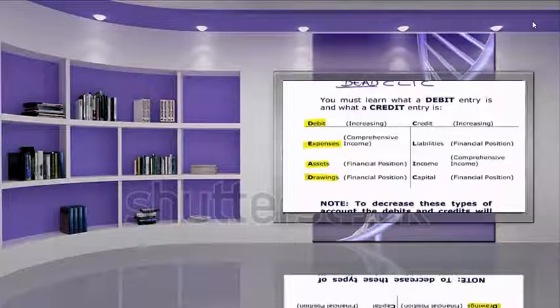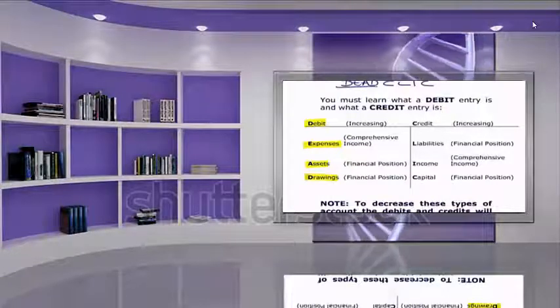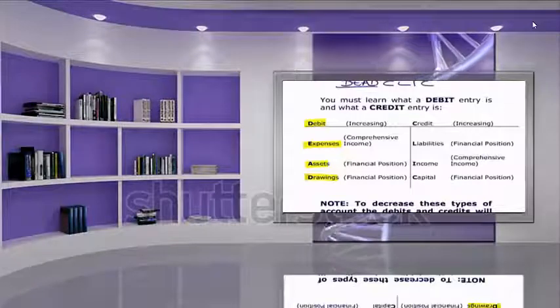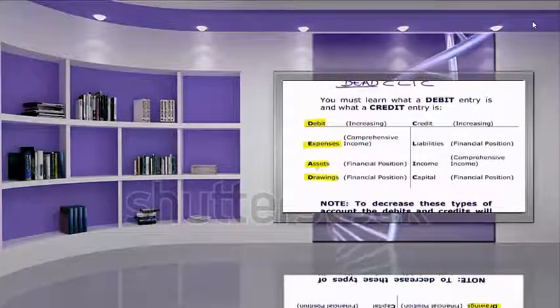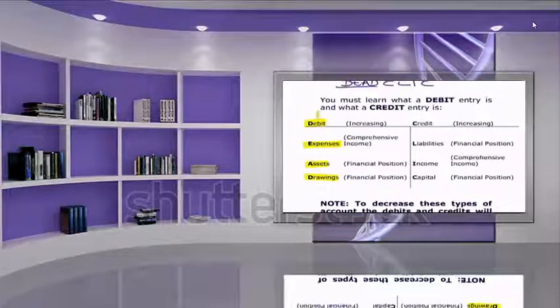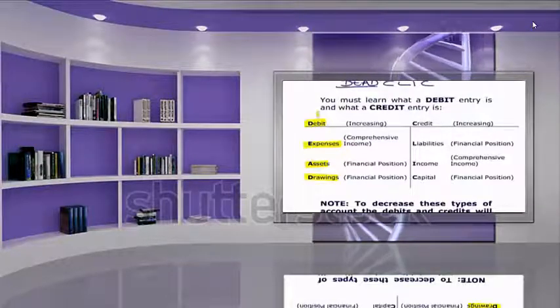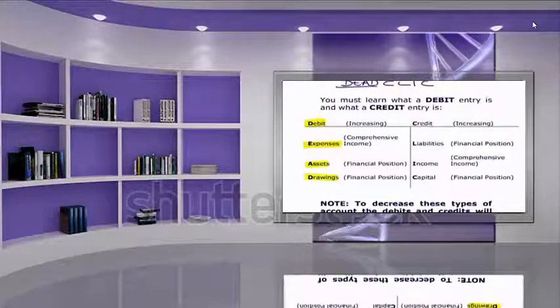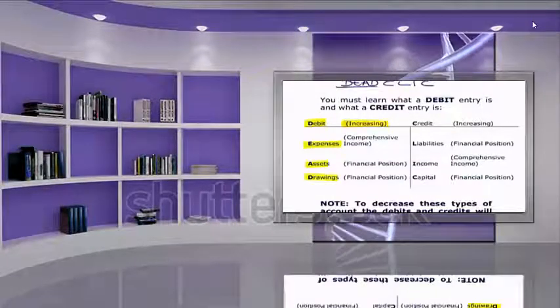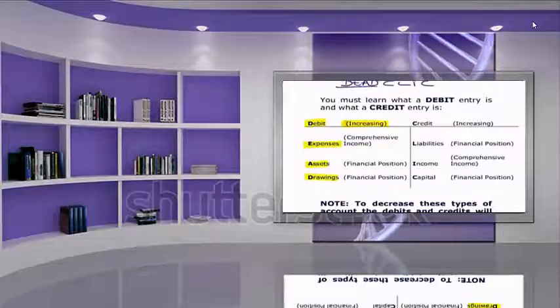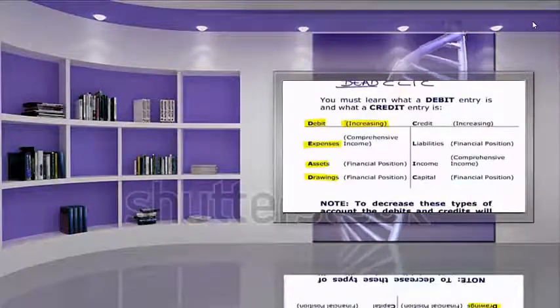So if you have an increase of an asset, cash at bank for example, that would be an increase in an asset, and therefore it would be a debit entry. This mnemonic only works if you are increasing those different types of accounts. That's really important to remember.